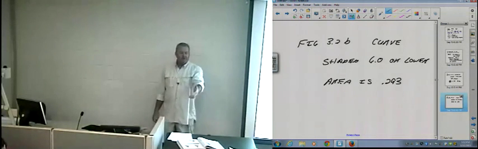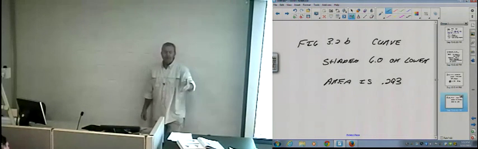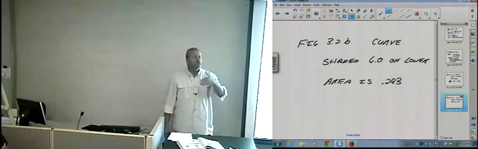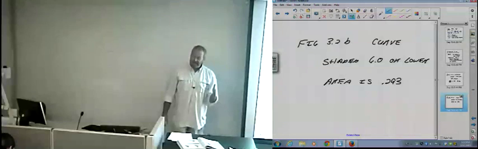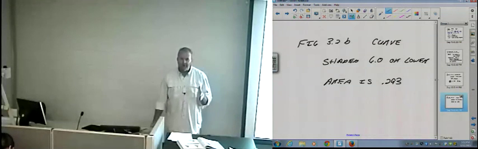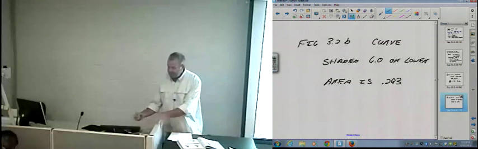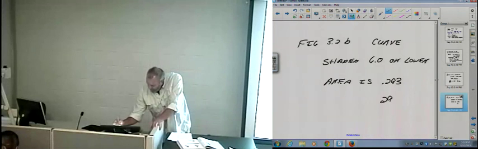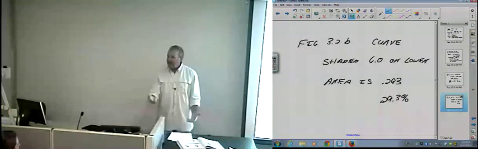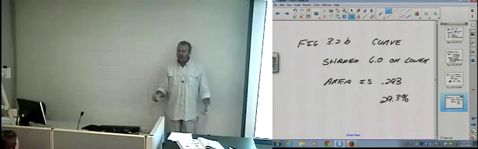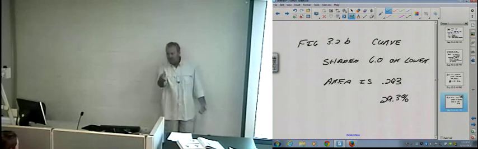So that area in 3.2b that is shaded under the smooth curve, the density curve, to the left of 6.0 is 0.293. What's the percentage now? That is 29.3% of the total area, which is 100% or a proportion of 1.